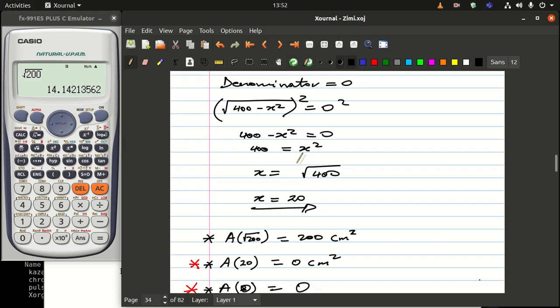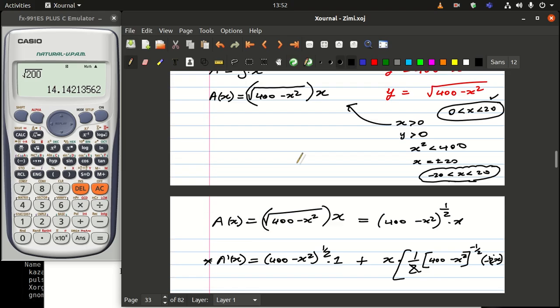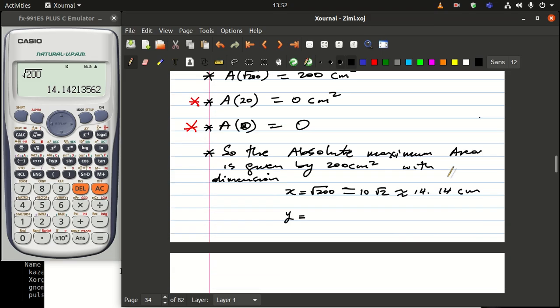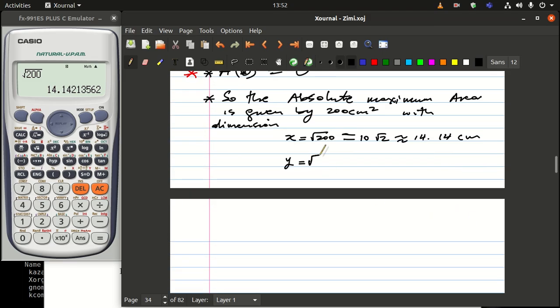And of course, our height, which is y, we know that. How did we get our y? Where was y here? Y was just the square root of 400 minus x squared. So it was square root 400 minus square root of 200 squared. The square root will undo the square, so I'll have a 200 inside. So I'll end up having the square root of 200 here, because 400 minus 200 is just 200.